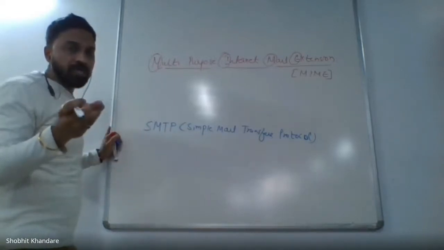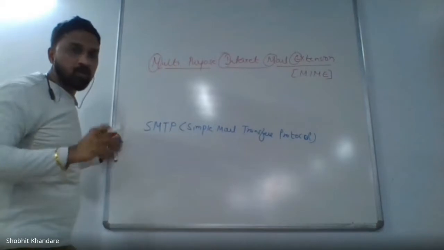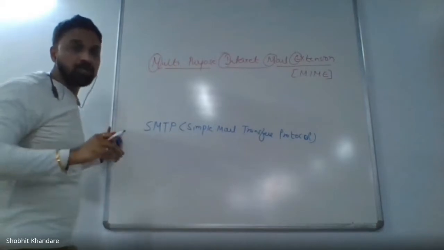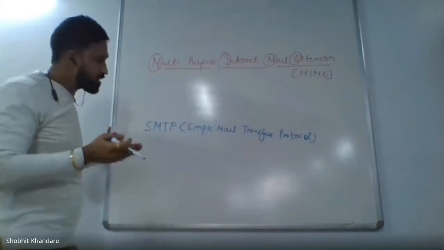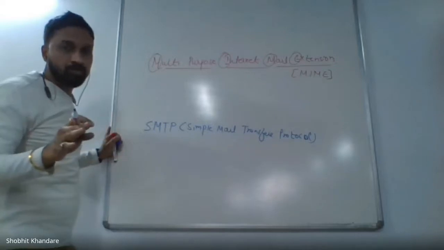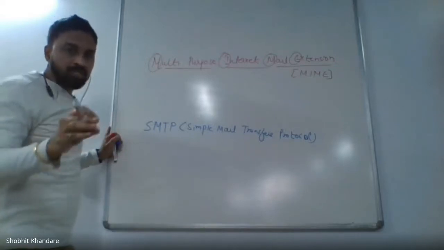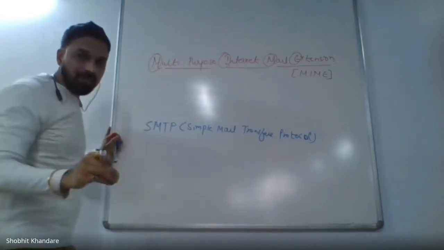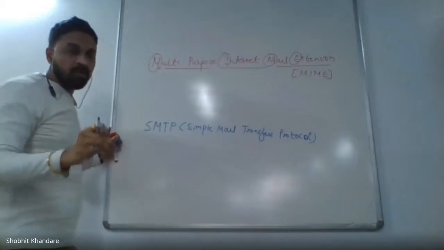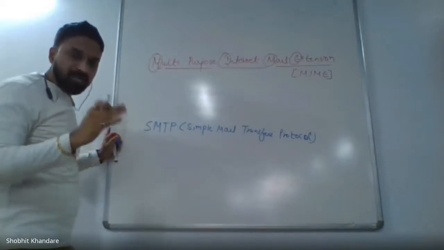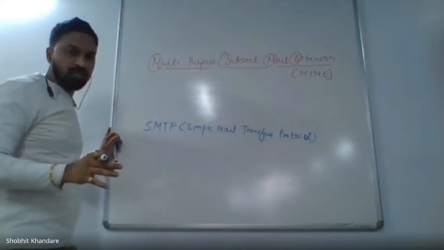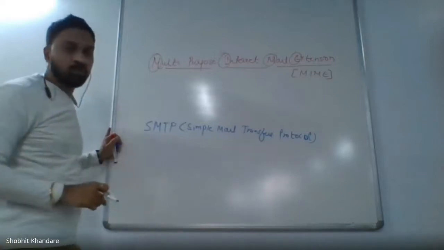Or if I want to transmit an audio signal or a video signal through SMTP, it is not possible. Just keep in your mind that only the messages which have corresponding ASCII values are transferred by using the SMTP protocol.